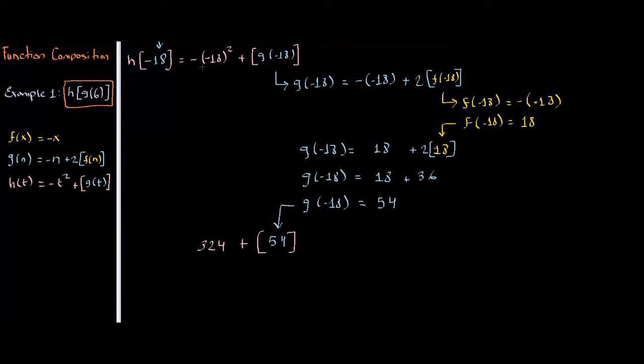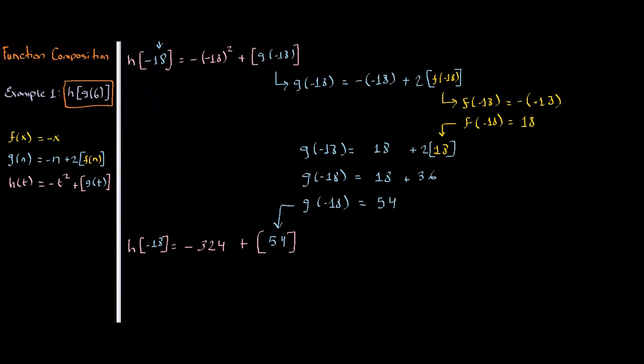Now, just keep in mind there is a negative sign outside of these parentheses, so it's going to be a negative 324. Now, I'm going to write the rest of the statement here. It's h of negative 18. Just keep in mind we're starting in here and we're going here, okay? Just keep that in mind.